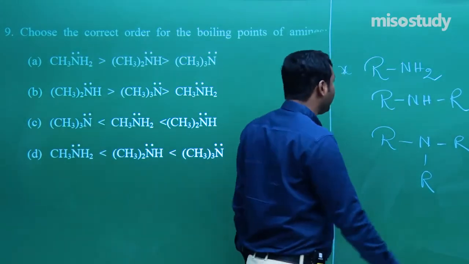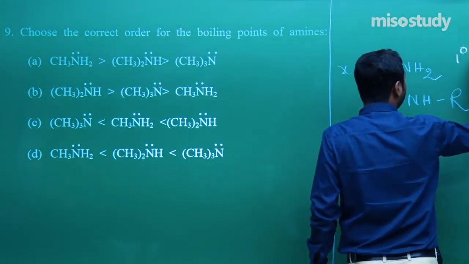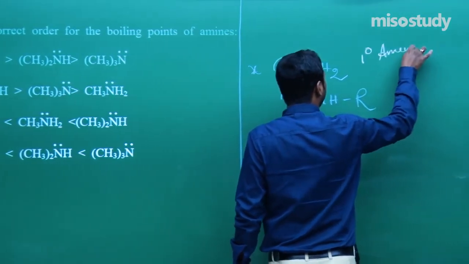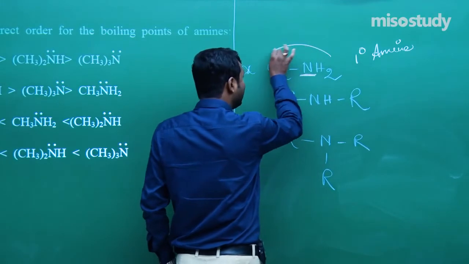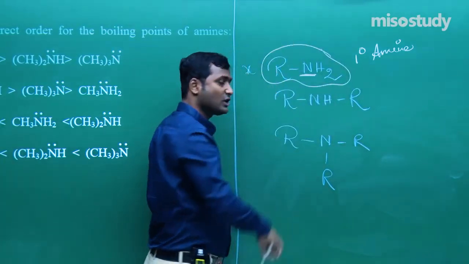In primary amine, that is 1 degree amine, there are 2 hydrogens linked with nitrogen, so there is more tendency of association.